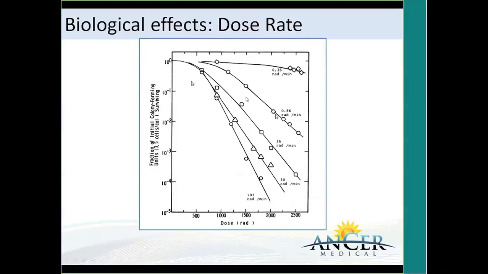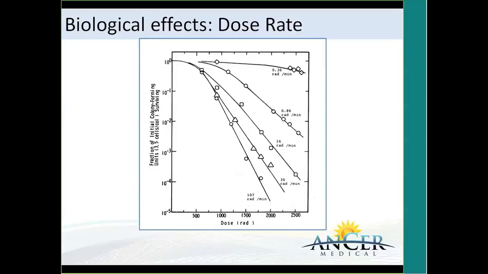Also note that the relationship between dose and cell survival is not linear. It's semi-logarithmic, a logarithmic relationship. This is important because we're going to be dealing with high dose rate delivery of radiation. You should also keep in mind that this does not only apply to tumor cells, but also to healthy tissue.